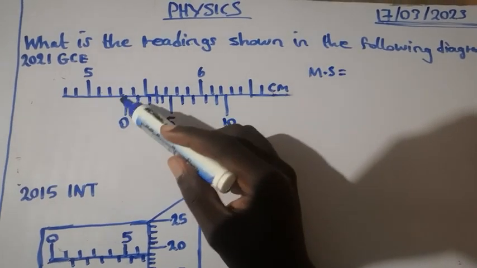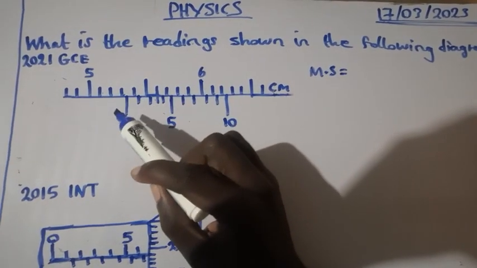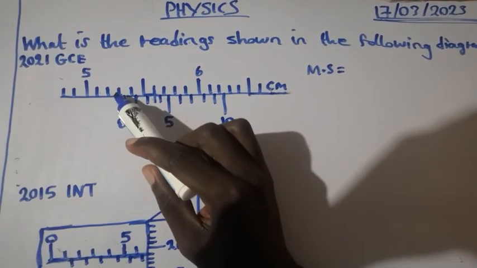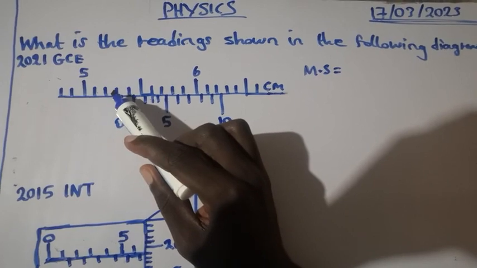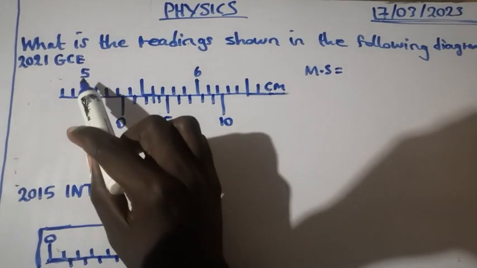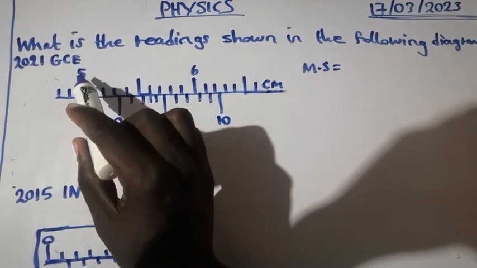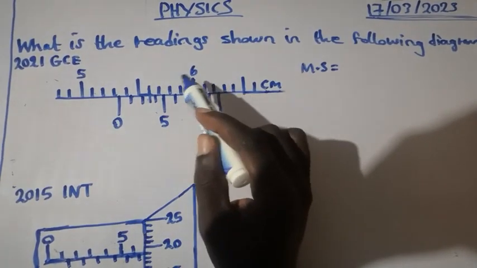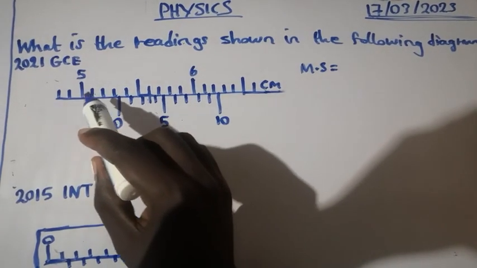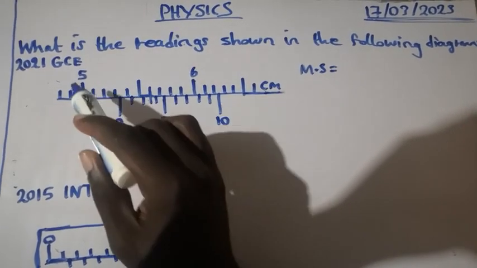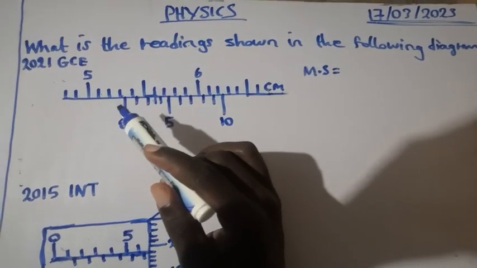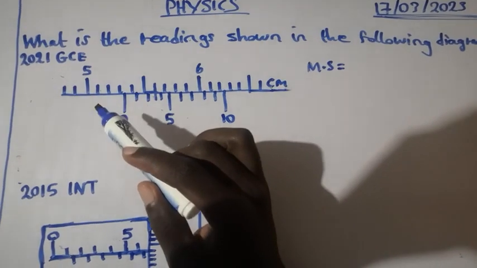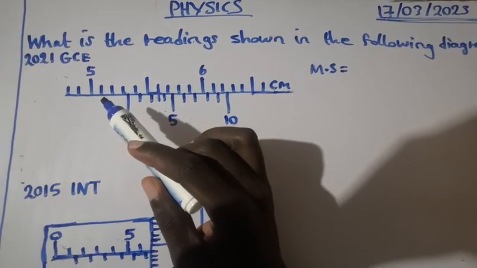we have to look for the mark that is close to the vernier scale, or just before the vernier scale starts. So the mark that is close, it's this one. Now what is this number? We have to count. Since we have numbers from 5 to 6, there are 10 divisions between 5 to 6, so each division represents 0.1.